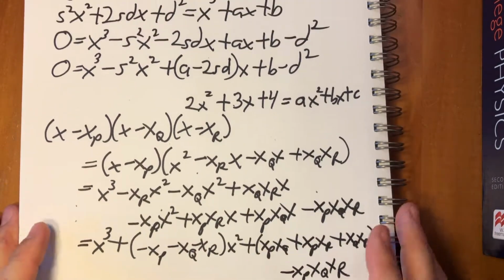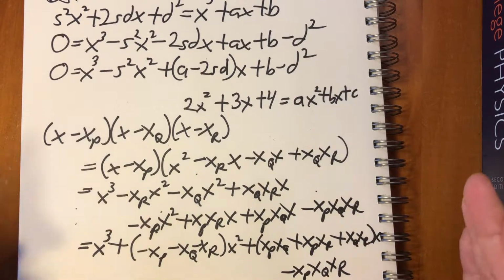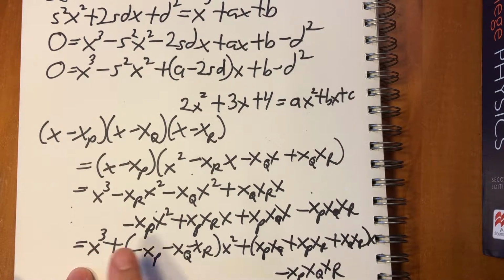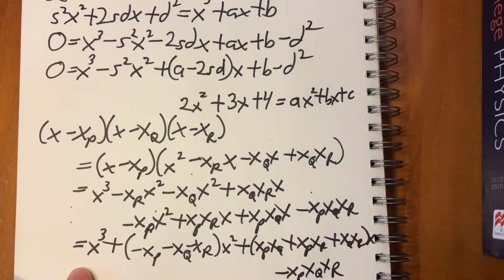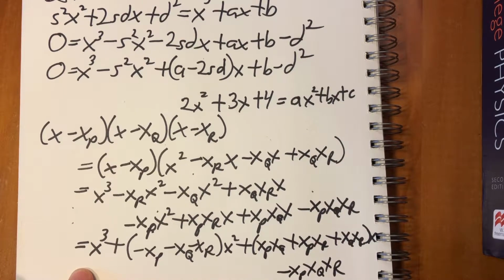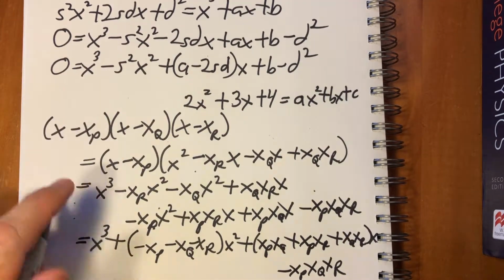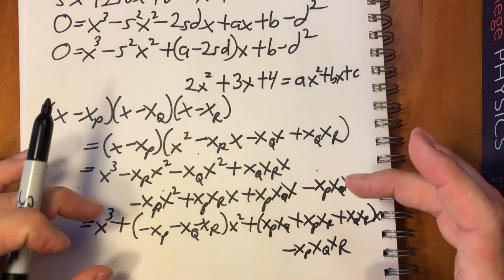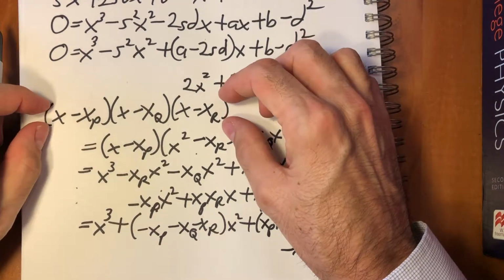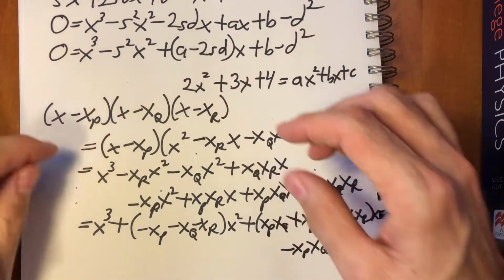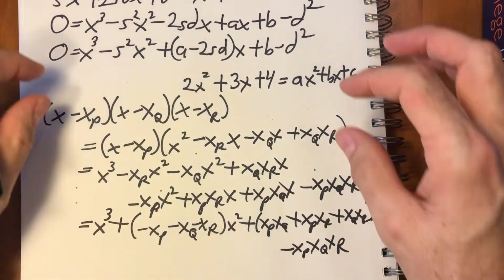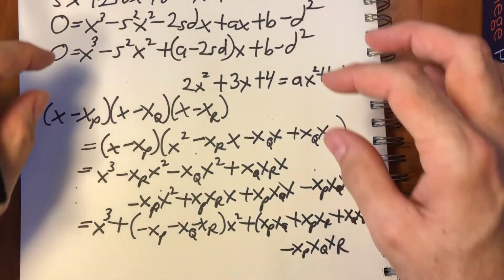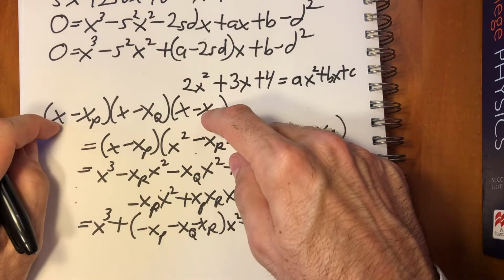So here's the thing. We have a polynomial, right? x cubed, x squared, x, and x to the 0. Here's another polynomial, x cubed, x squared. So we know that this polynomial has these roots. If we set this polynomial equal to this polynomial, then this polynomial will also have these roots.